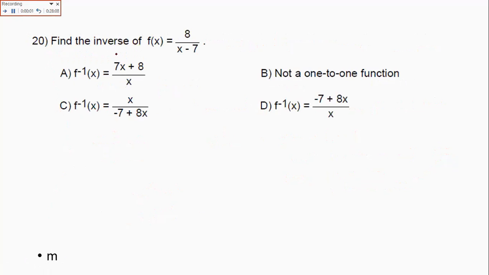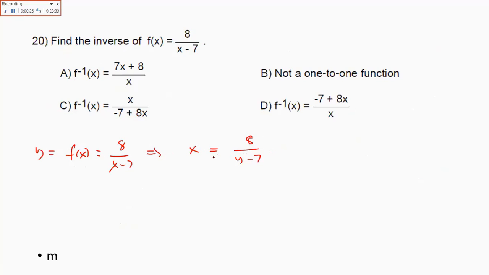Now we have what? Find the inverse of the function f of x. So let's say f of x equals 8 over x minus 7. Find the inverse. To find the inverse, change x's to y's, right? And solve for y. So every x change it to y, every y change it to x. So we will say x is equal to 8 over y minus 7, right?